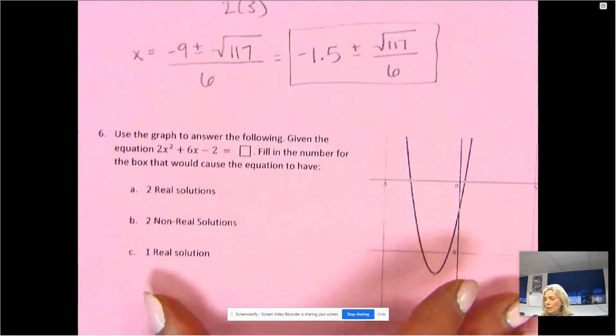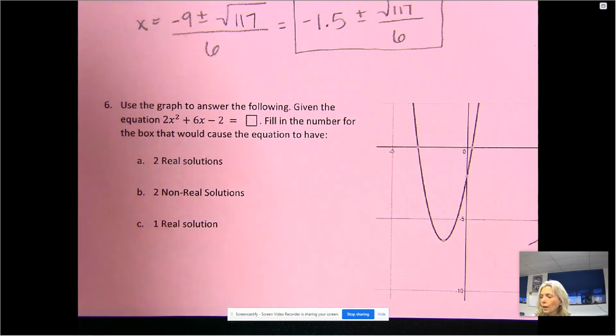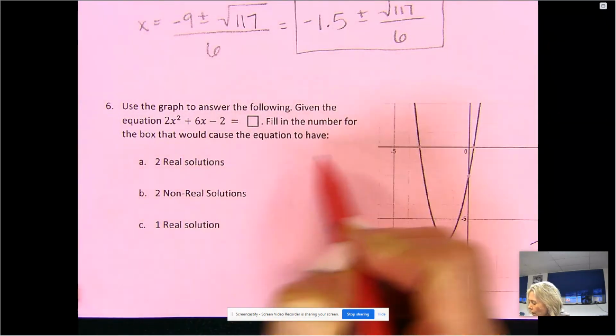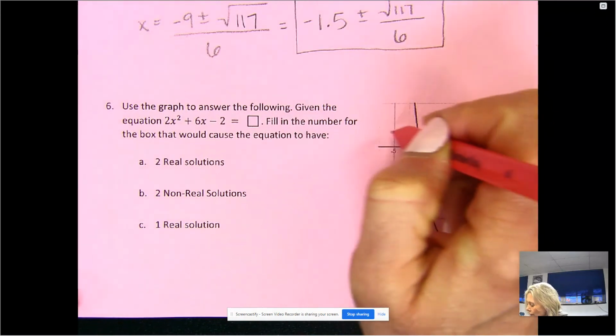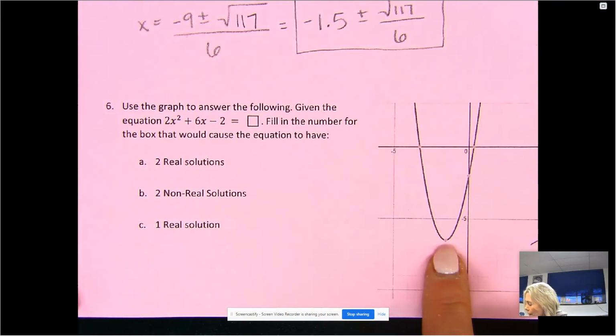Okay, last but not least, use the graph to answer the following. Given the equation, 2x squared plus 6x minus 2 equals blank. Fill in the number for the box that would cause the equation to have 2 real solutions, 2 non-real solutions, and 1 real solution. So for 2 real solutions, you could have the equation equal to any value above this.